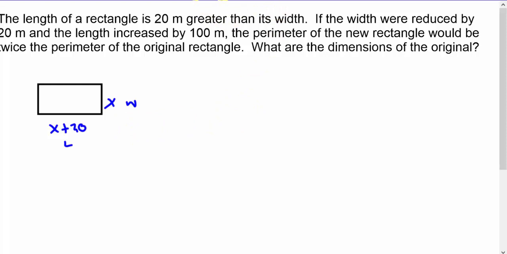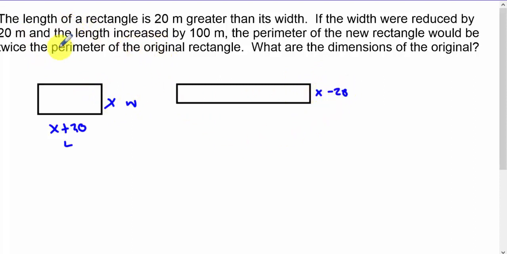Let's draw a new rectangle, and we'll make it skinny and not quite as tall. In this new rectangle, once again, they're going to decrease this width by 20, so that's x minus 20.